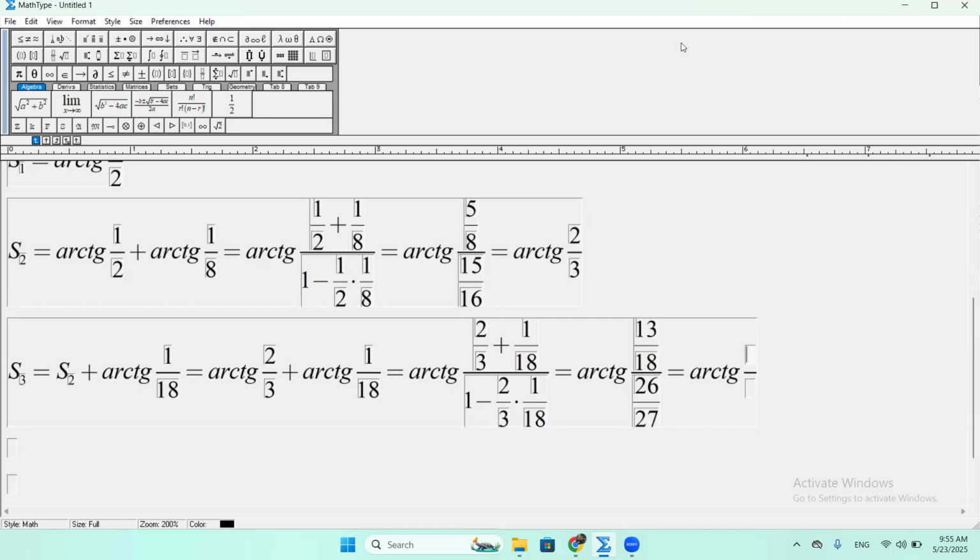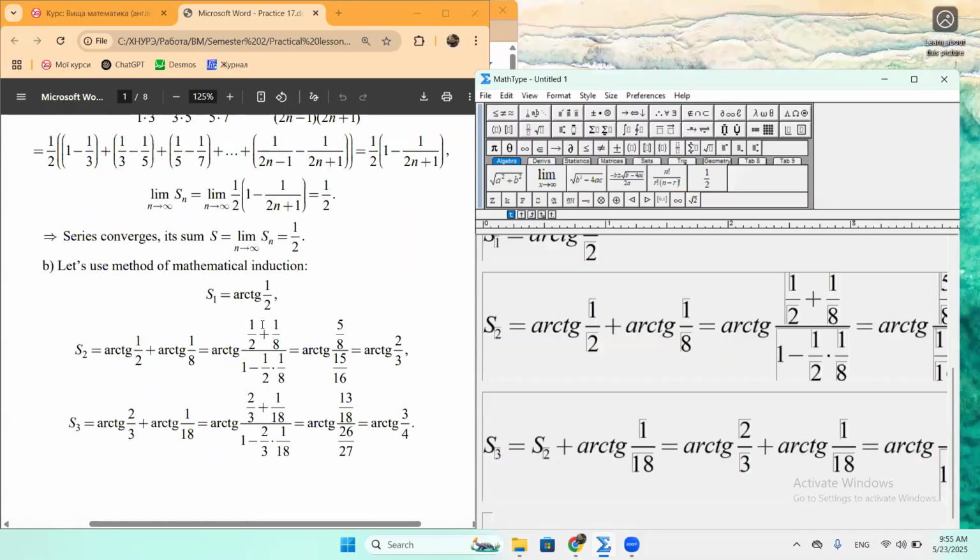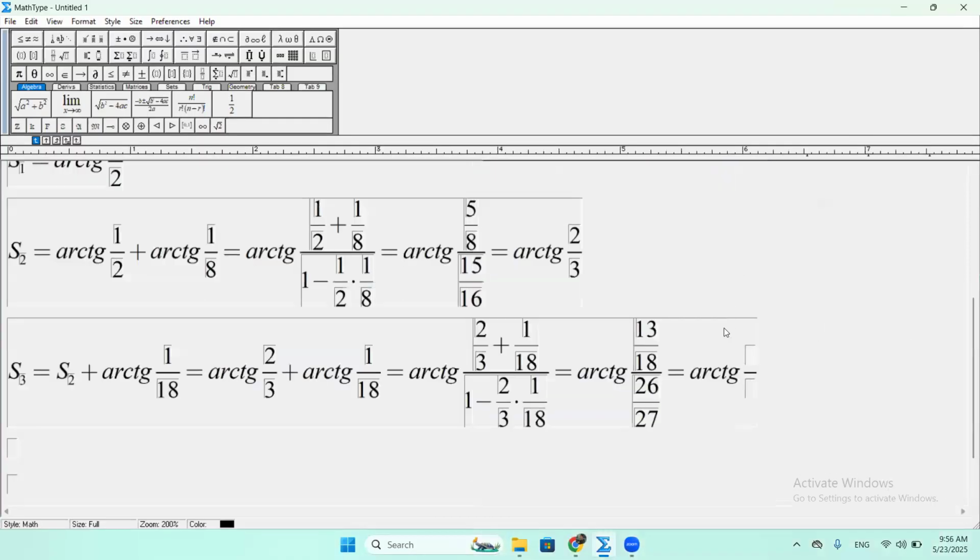Yeah, but I guess that something is wrong here. Okay, let's simplify it one by one. So here will be 1, here will be 2.